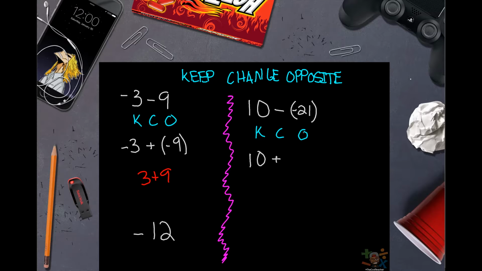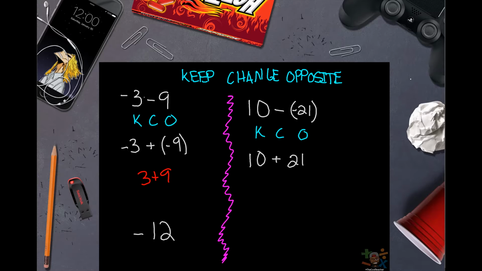And we do the opposite of negative 21. What's the opposite of negative 21? Regular 21. So this is where the term two negatives make a positive comes into play. The two negatives that are right next to each other ended up creating basically an addition sign.